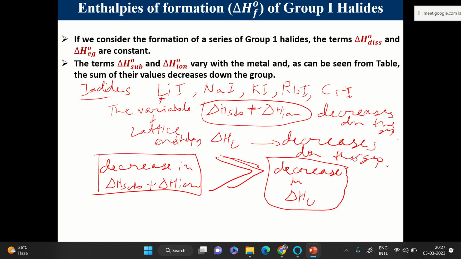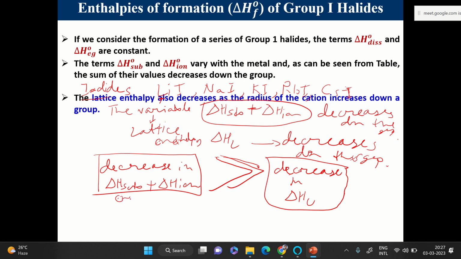So the decrease in sublimation energy is much more than this. So overall things turn out to be negative, because these were energy required.